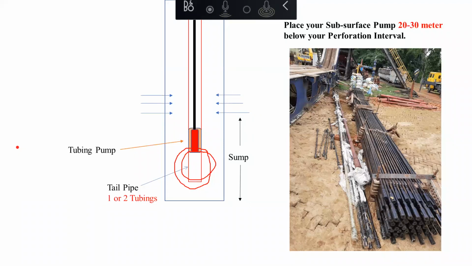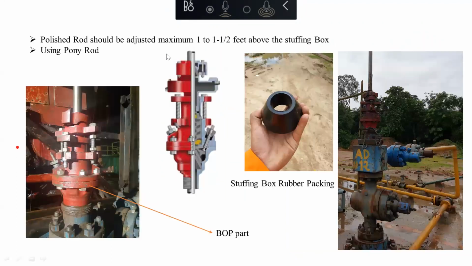At that time you are going to use pony rod that will be 8 plus 8 or 4 into 4, something like that. So you are going to adjust your polish rod using your pony rod. After you adjusted your polish rod, basically you need to adjust your polish rod 1 to 1.5 feet above your stuffing box, so that you will be able to hang your sucker rod to the surface unit.